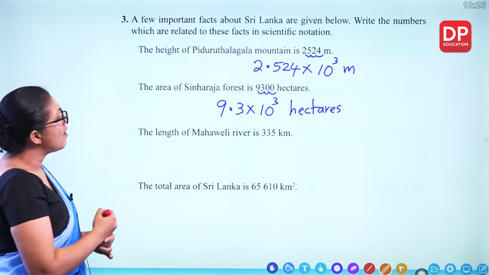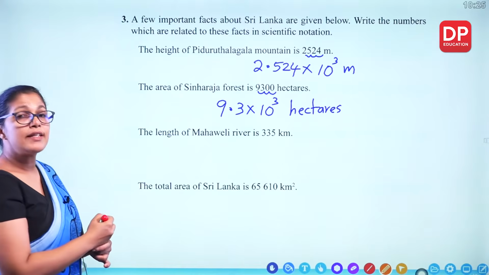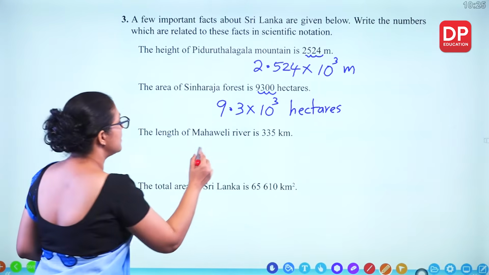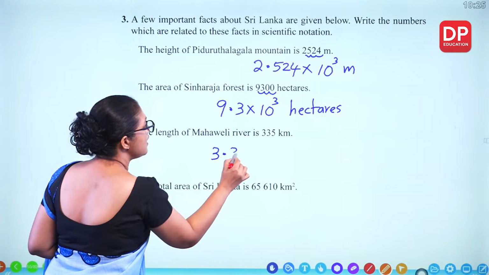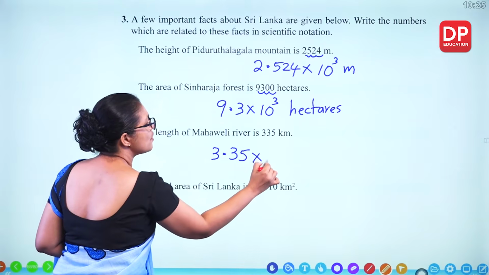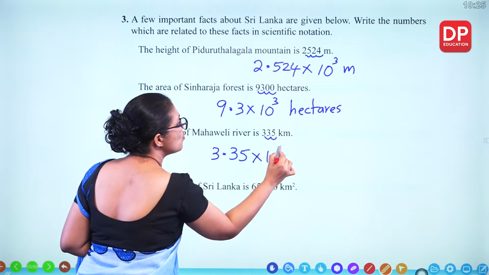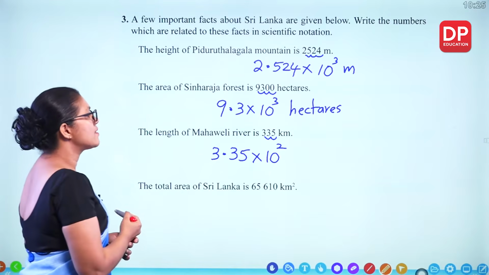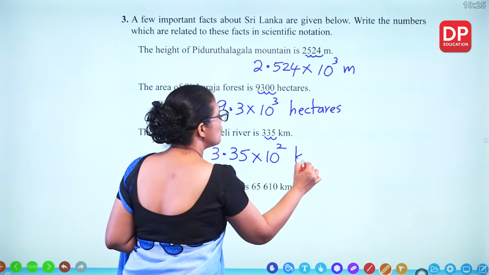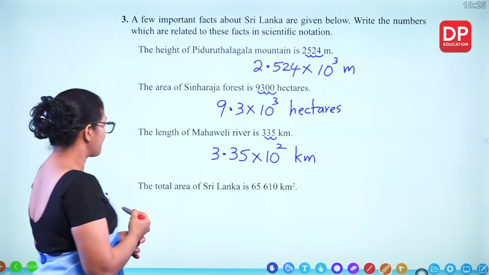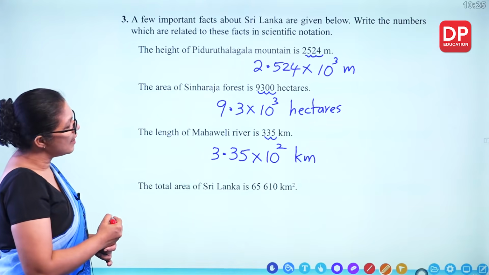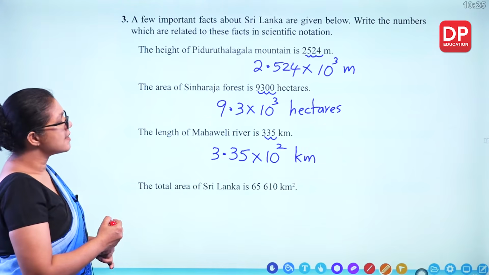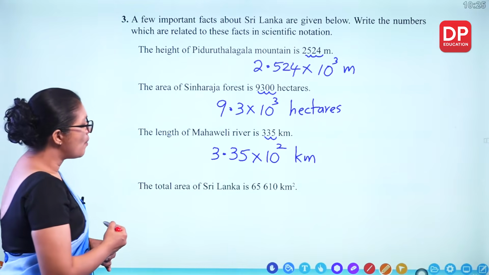The length of Mahavali River is 335 kilometers. 3.35, 10 to the power 1, 2, 2 places to the right, that's 10 to the power 2 kilometers. The total area of Sri Lanka is 65,610 square kilometers.